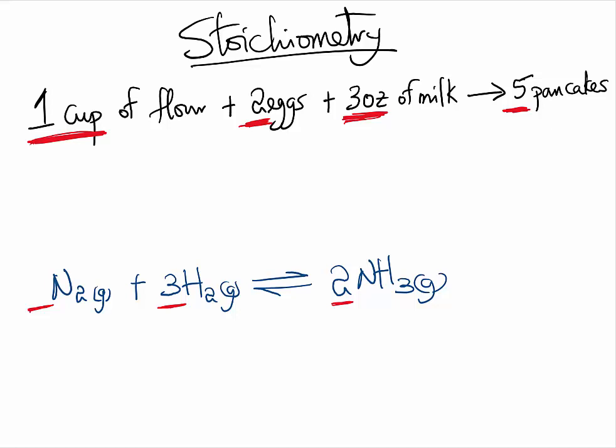However, the coefficients in a balanced chemical equation have only one meaning, and that is that they all represent moles, which means we can interpret this chemical equation as 1 mole of nitrogen gas reacting with 3 moles of hydrogen gas to give 2 moles of ammonia gas. Please remember that.